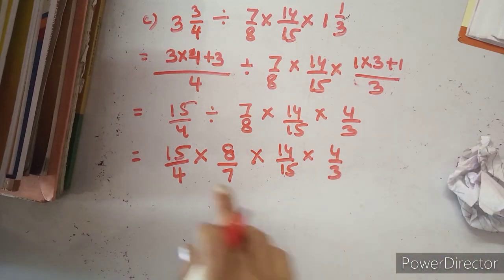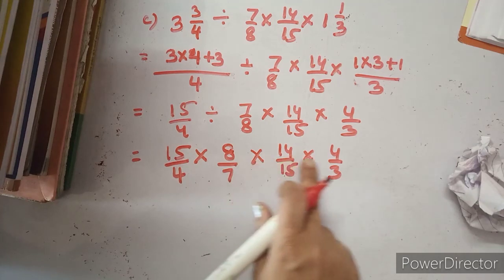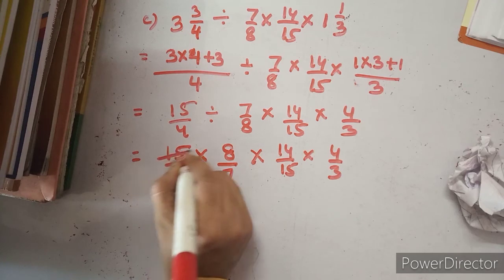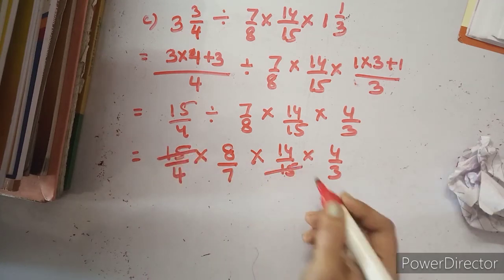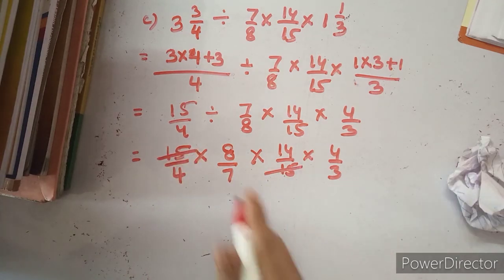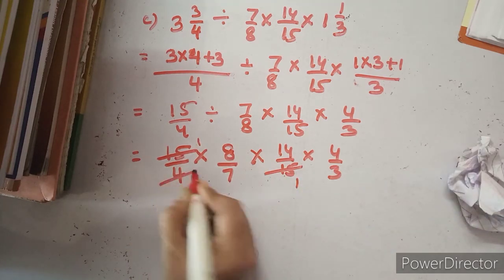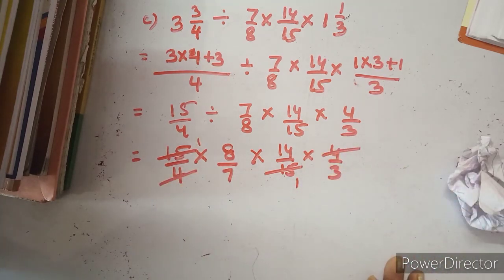So now what is happening is you have all the multiplication signs over here. Now you can easily cancel off the numbers. Here you can see that up here 15 is there, here also you have 15, so you can cancel it off. Then you have 4 here, here also you have 4, so you can cancel that too.